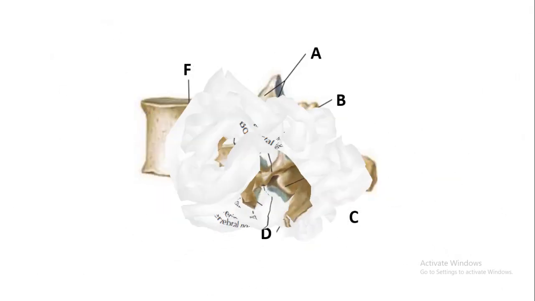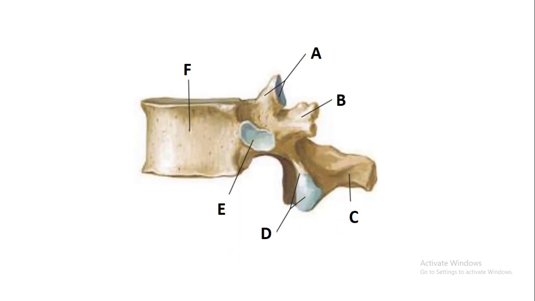So let's quickly move on and look at this other bone. If we look at this bone, we have been asked to identify A to F. F is just the superior articular process and the facet. This bone is simply the same as what we were identifying in the previous diagram.